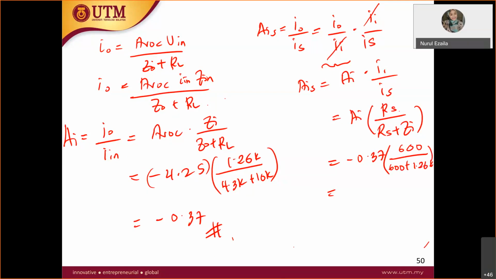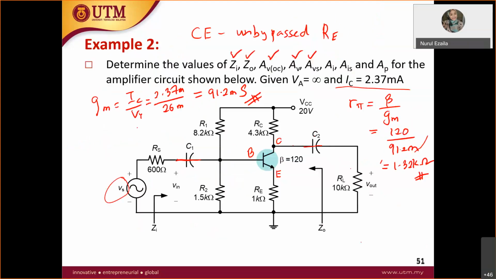You will get here negative 0.12. For the voltage gain, current gain, and everything, this is unitless, so no unit. So you have done these two.